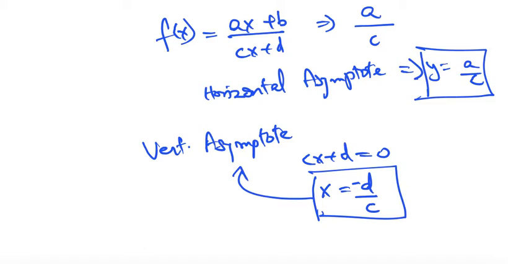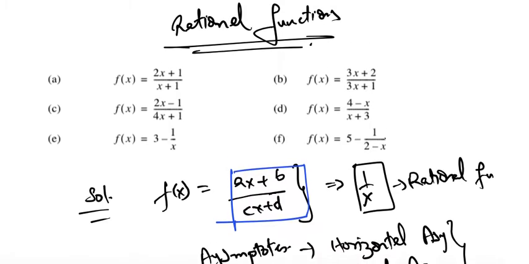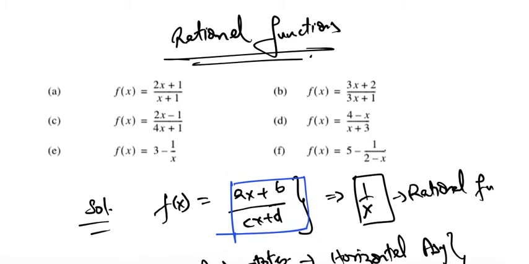Always remember that the denominator part gives the vertical asymptote and the coefficients of x give you the horizontal asymptote. Now coming on to the questions. These are the few questions that we have in this exercise.